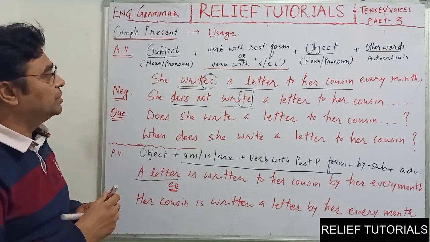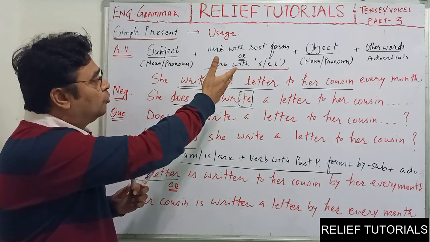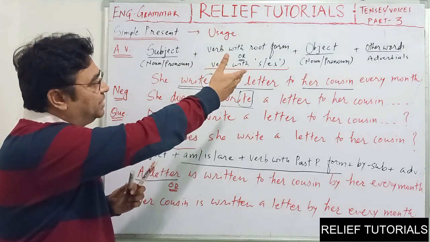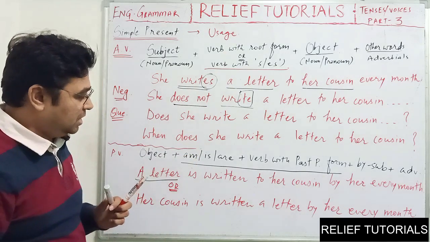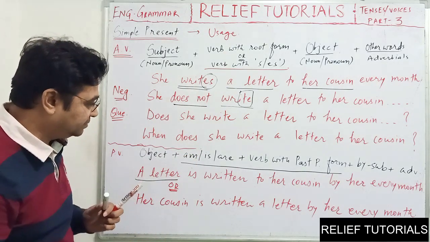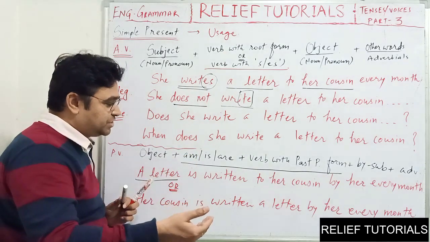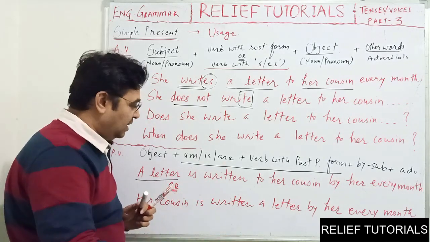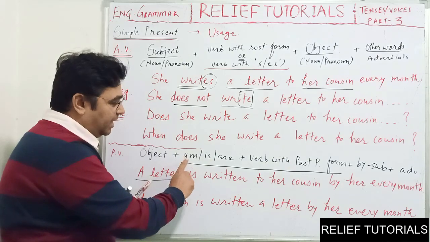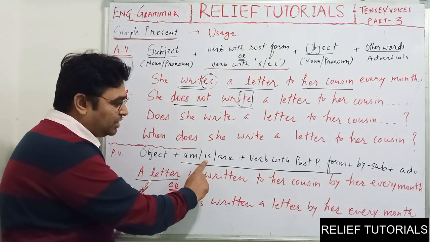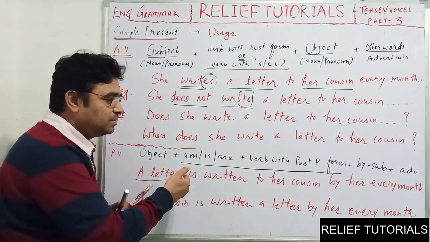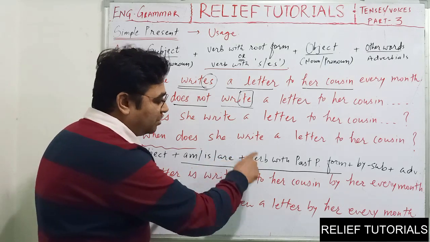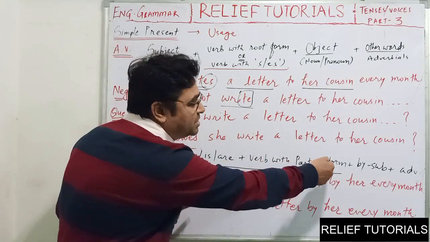In the active voice, the verb was in the root form or the root form with s or es. Now in the same tense, in the passive voice, the verb has some change, and it will be observed in all the tenses. So here it is either am or is or are, helping verbs added with the main verb in past participle form.